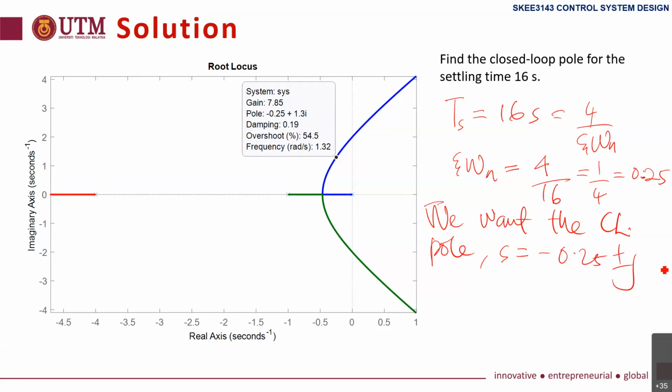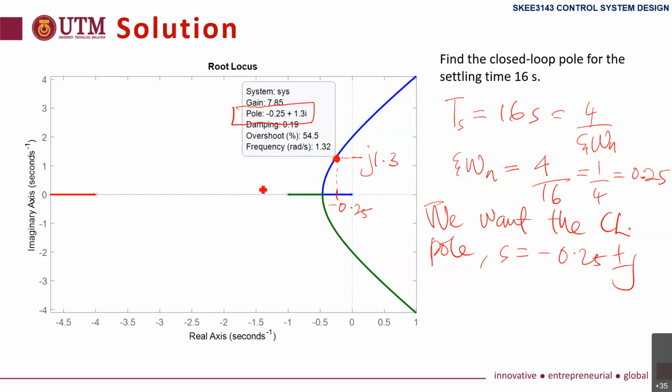By using the root locus, I can locate this point, in which this is 0.25 negative. See the pole here, 0.25. And if the real axis is 0.25, j here is 1.3. This is from the root locus.